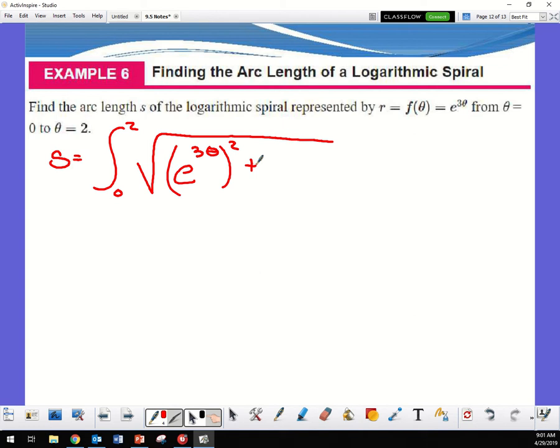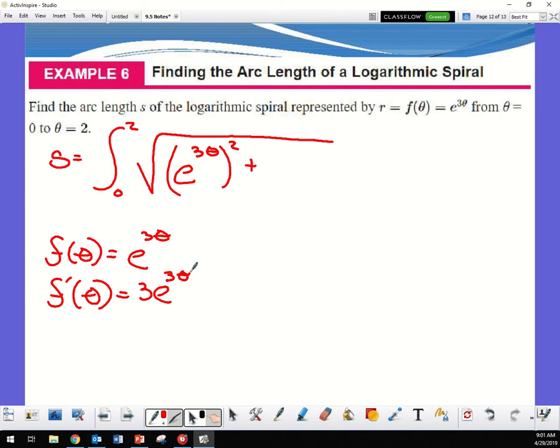If f of theta is e to the 3 theta, what is f prime of theta? There we go: 3 e to the 3 theta.